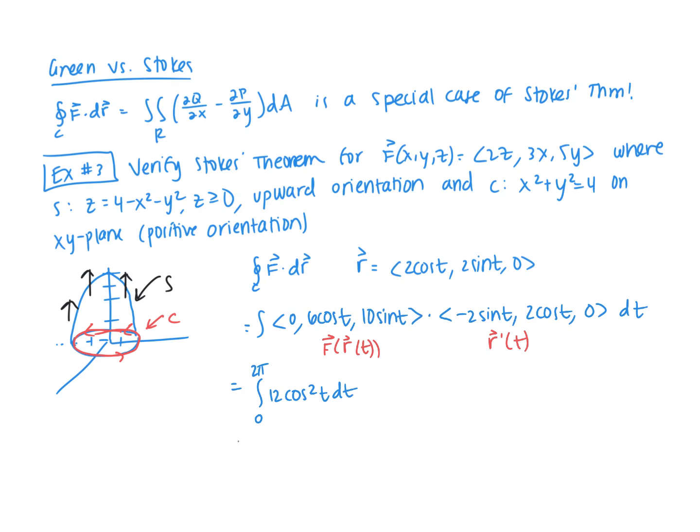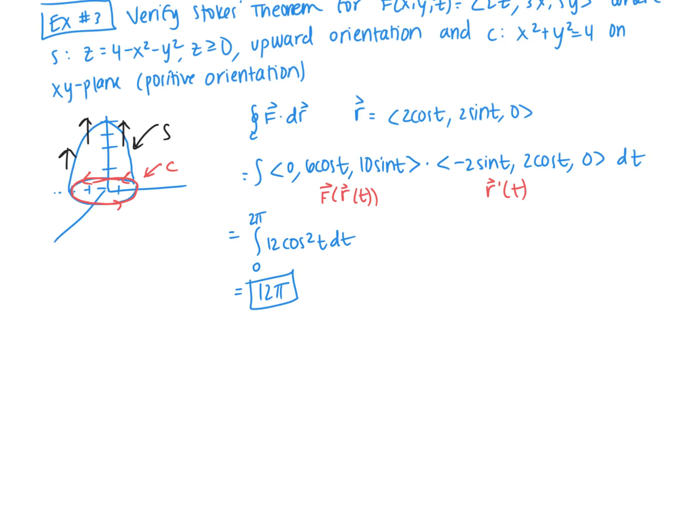Okay, we're not going to calculate it. I will just tell you it's 12 pi. So that is the computation of the line integral. What we are now going to do is calculate the surface integral using Stokes' theorem. So we're going to start by finding the curl of f.